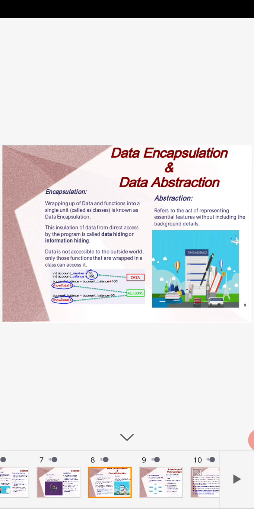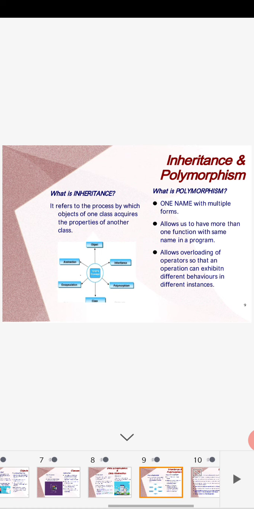So coming to our next slide, we should go through the concepts of inheritance and polymorphism. So what is inheritance? In a real-life scenario, if you ask me what inheritance is, it is the properties which we inherit from our parents, or the things which go on from generation to generation. Similarly, if you have seen, we create a family tree.